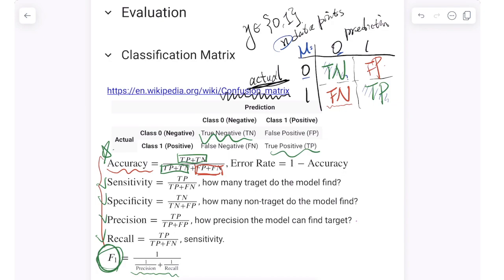And the second thing is that for different applications, it is not necessary for you as the analyzer to find the best accuracy model, because accuracy is not everything. Let's take the medical problem, for example.